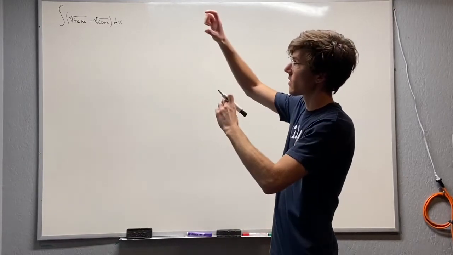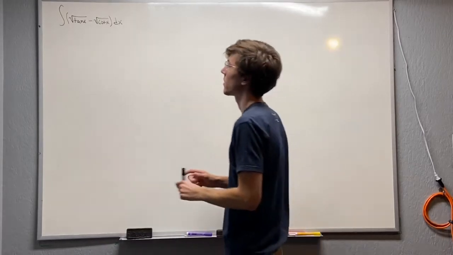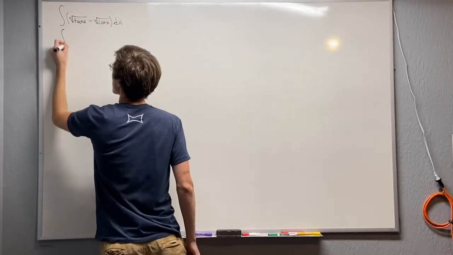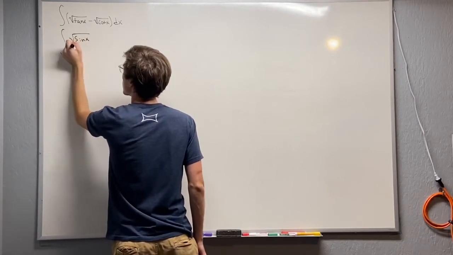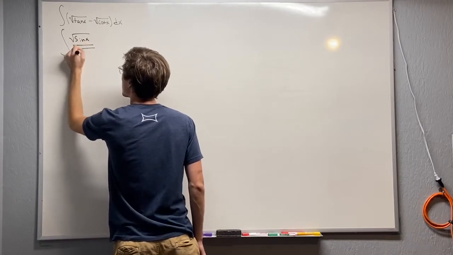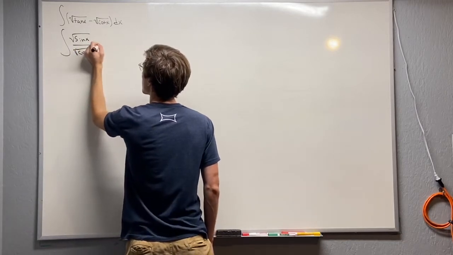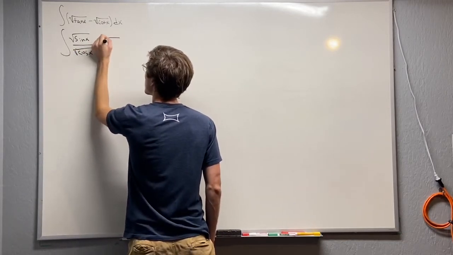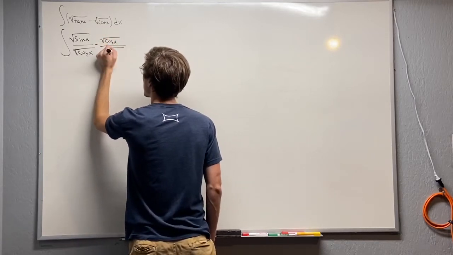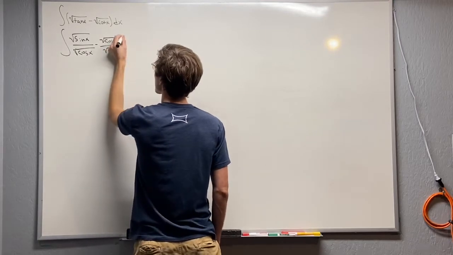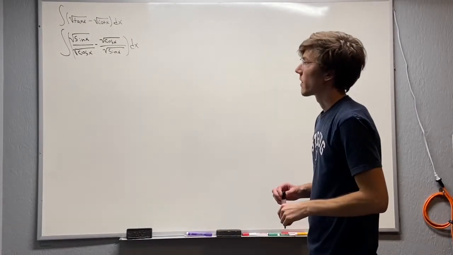So we're going to split the square root up to the top and bottom, and we're also going to separate those tangents and cotangents. So that's going to look like this.